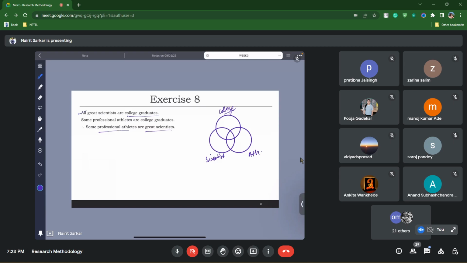So there is no scientist who is not a college graduate. And some professional athletes are college graduates, so there should be an X in between athletes and college graduates. So some professional athletes are great scientists. Is it valid or invalid?